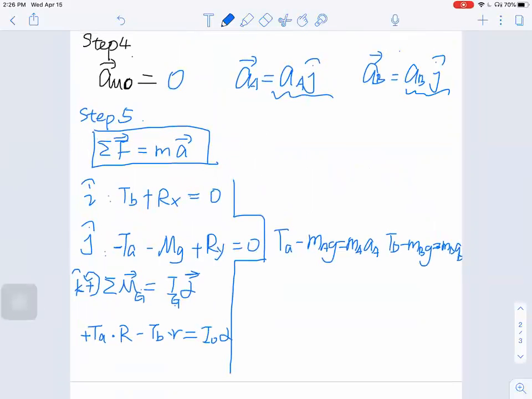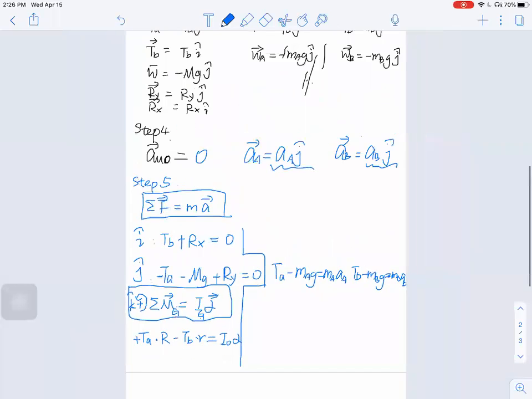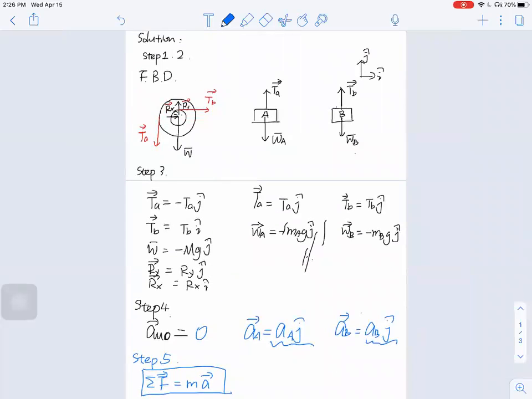Now let's keep working on this. We can apply Euler's second law to the second mass as well. If we look at A, the moment about the center of mass of A is what? We only have two forces that both pass through that point. Therefore, the sum of the moments is equal to 0.